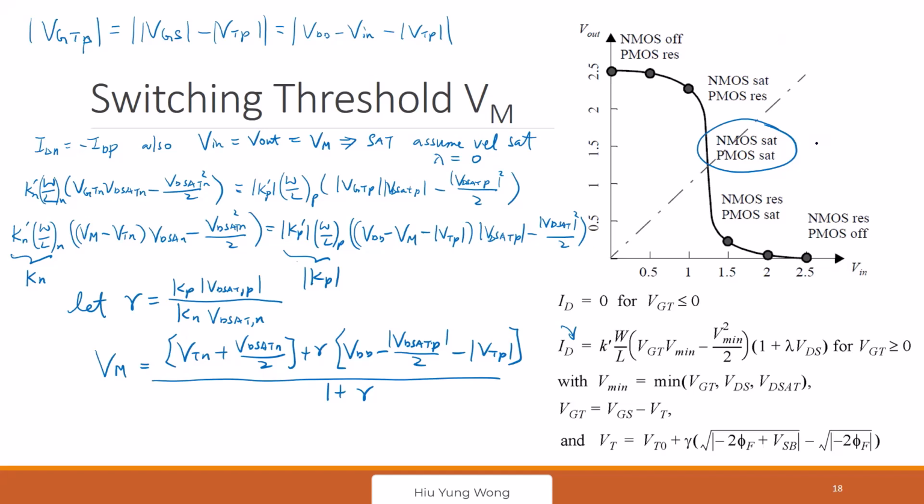Unless you have an interface from one chip to another chip using a different system, then you don't have VM anymore. You actually have other metrics to make sure that you can turn it on and off. But now we're saying it is an inverter inside the same chip, so the input voltage must be VDD.